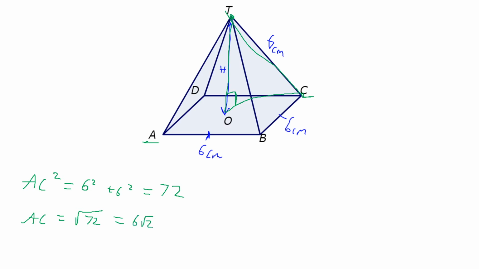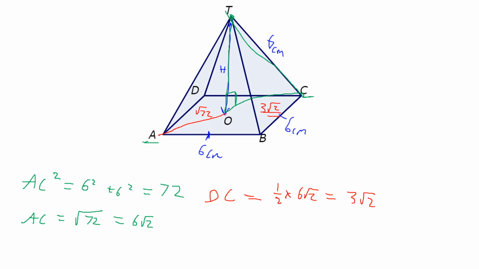Okay? OC, however, is half of that. Because if this whole thing here is root 72, then OC has to be half of that. Which is just going to be 3 root 2. Okay?